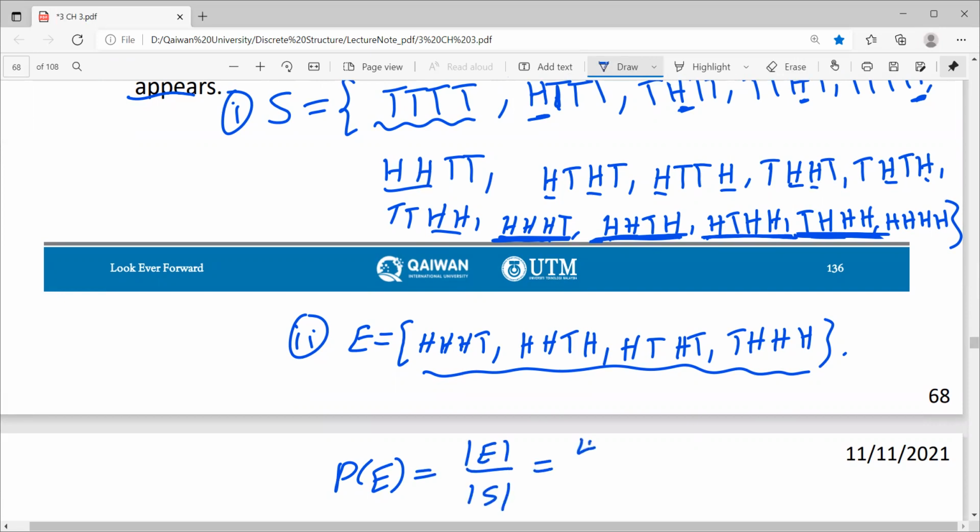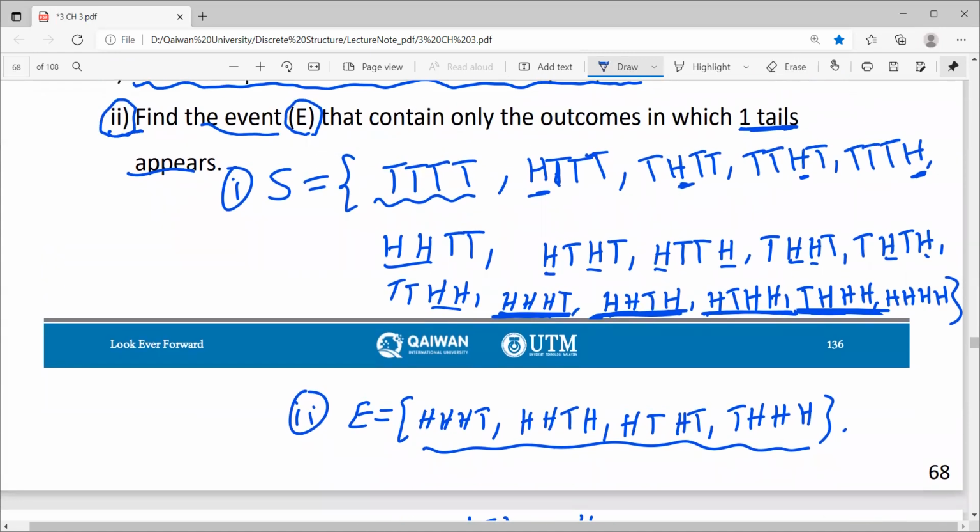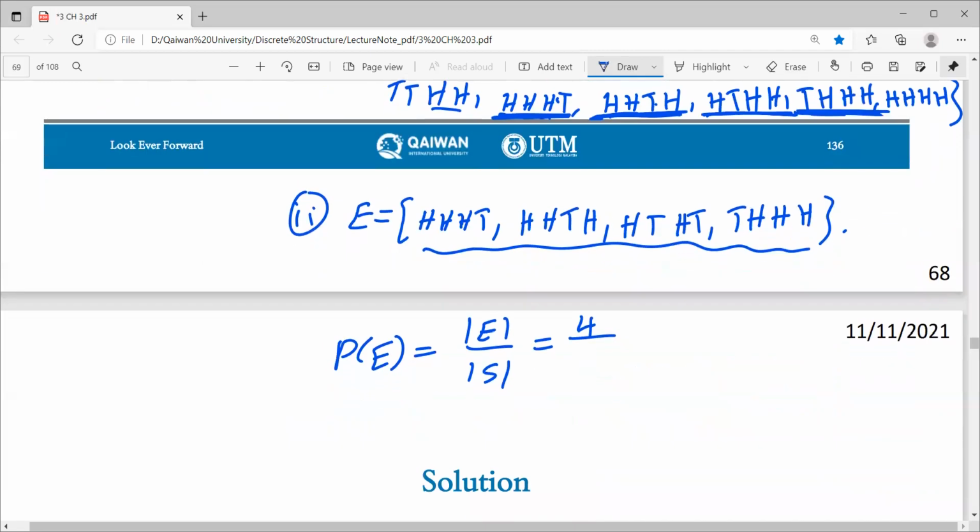E is 4. We have only 4 elements in E. And in S, how many elements do we have? 1, 2, 3, 4, 5, 6, 7, 8, 9, 10, 11, 12, 13, 14, 15, 16. Divided by 16, which is 1/4, or 0.25. This is the probability.